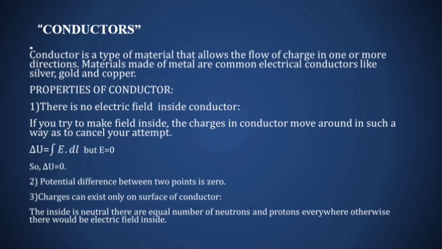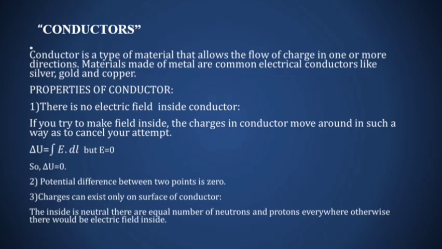There are properties of conductor. First one is there is no electric field inside the conductor. If you try to make field inside, the charges in conductor move around in such a way as to cancel your attempt. And del U is equal to integral of E dot dl, as we studied in first line, is equal to 0.